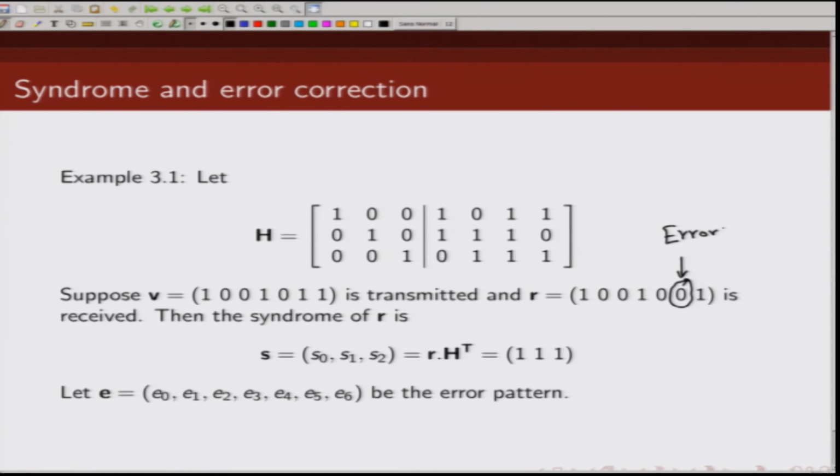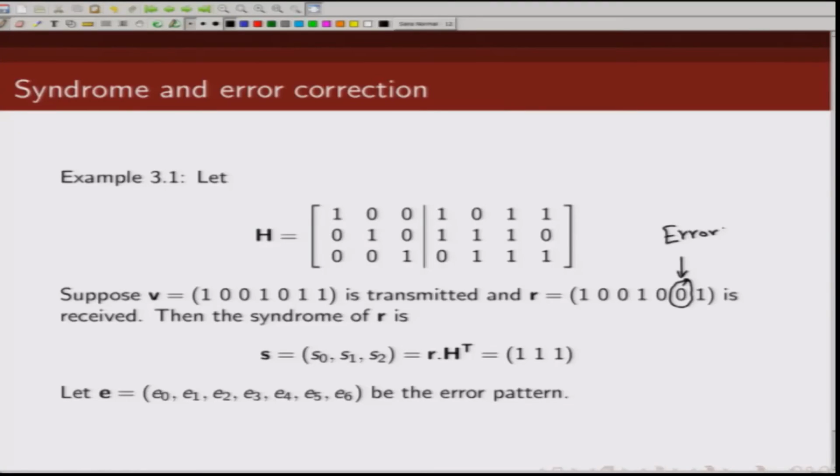Now, how do we find out that there is an error and where it is? The first thing that we will do is compute the syndrome. When we compute the syndrome, which is RH transpose, what we get is non-zero. Since this is non-zero, this means there is an error.